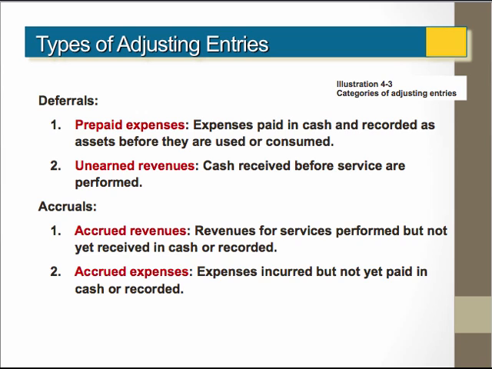So we therefore need to make an adjusting entry to recognize an increase to the revenue account and an increase to the asset accounts receivable. We also need to consider accrued expenses. Accrued expenses are expenses that have been incurred but we have not paid for them yet. So we would increase an expense account on the income statement and recognize the liability increase to accounts payable.